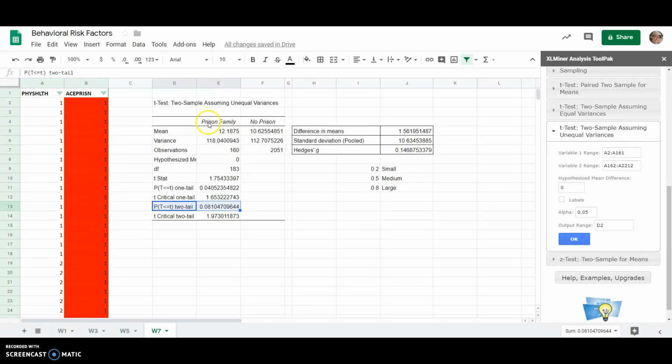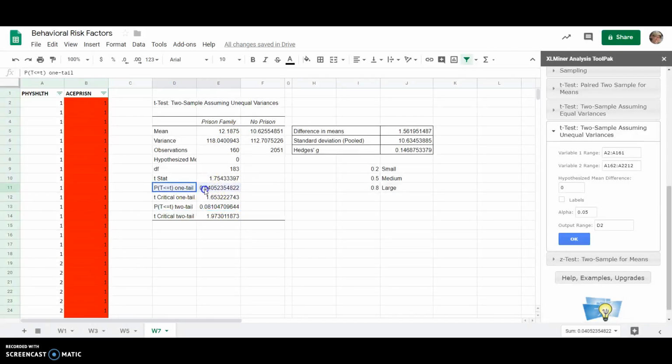So maybe they even have fewer days of poor health, or maybe vice versa. All the stress wore on them and deteriorated their health, so they have more days of poor health. If we're asking that open-ended question, then we really need to go with a two-tailed p-value.